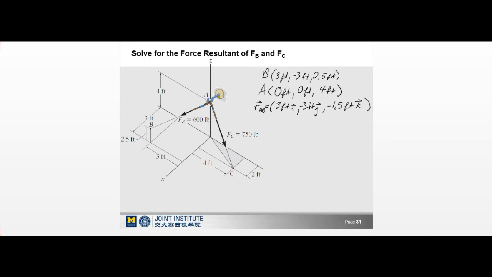Now it has a magnitude for itself, so the first thing that we'd have to do is find the unit vector UAB that's in the same direction as the FB, the force that we're looking for here.